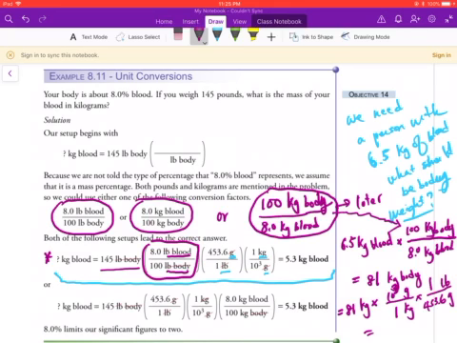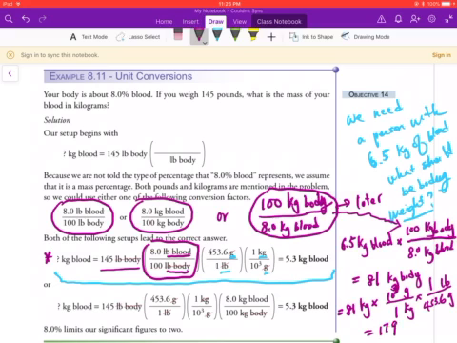So what is the answer? It's 81 times 10 to the third, so that's 1,000, divided by 453.6. Notice I did not multiply or divide by 1 because it's not needed. The answer should be 179.